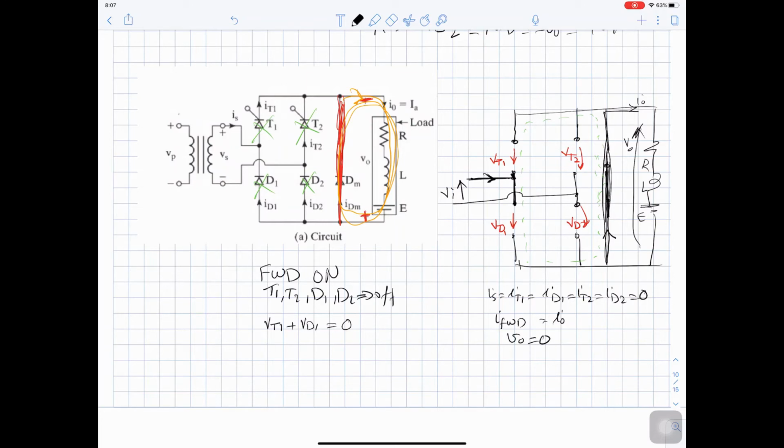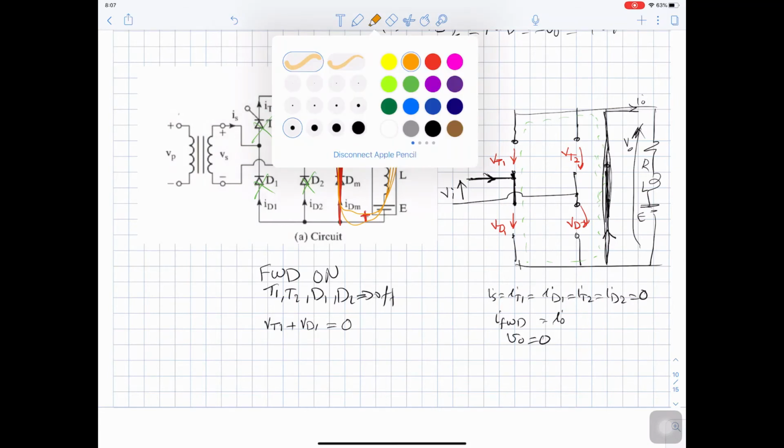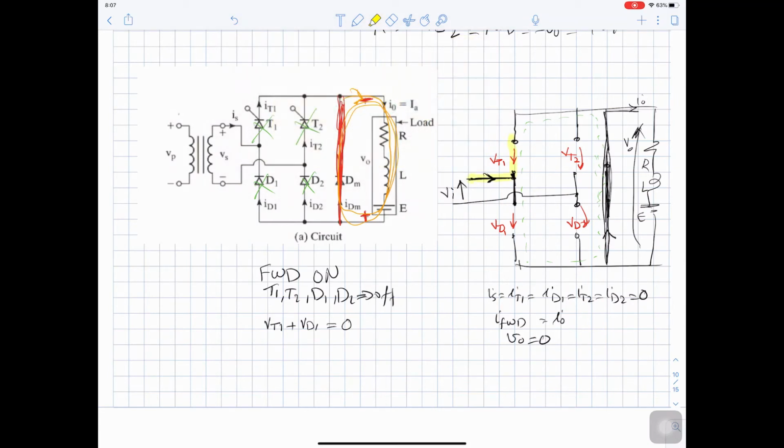And if you do KVL in this loop here, you can see that V input equal to or plus V thyristor 2 equal to V thyristor 1.